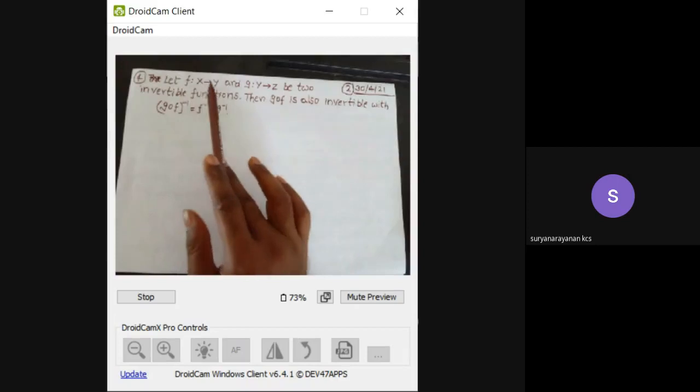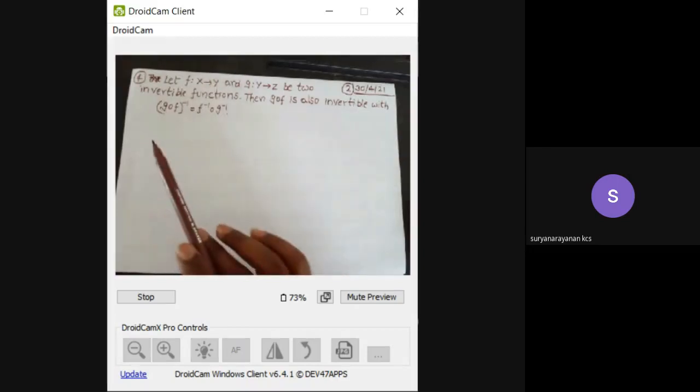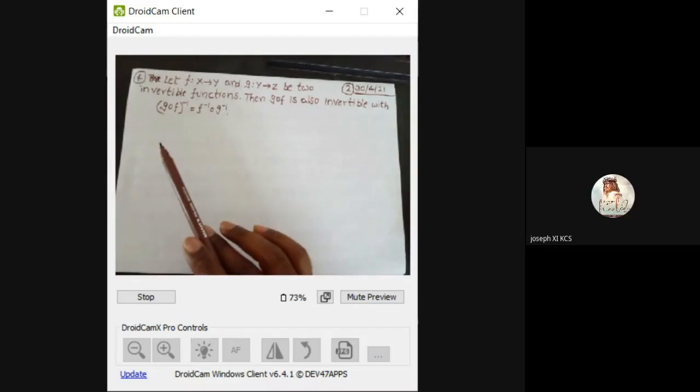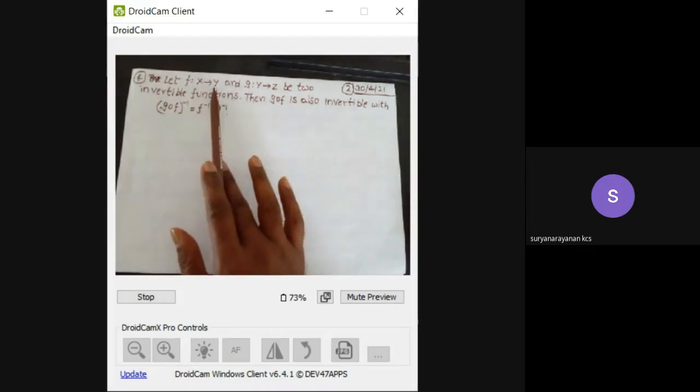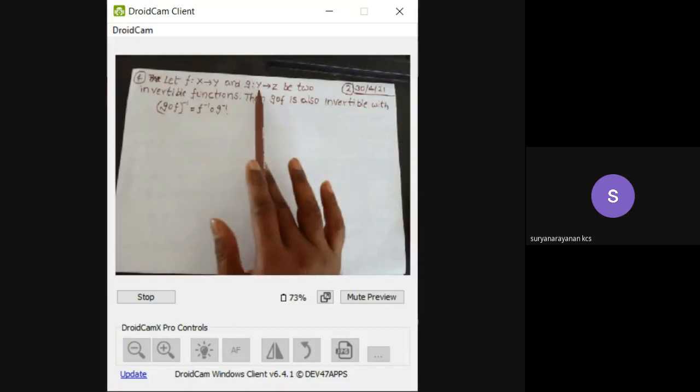F is an invertible function. Sir, it's bijective. Yes, f has an inverse. F is an invertible function means f has an inverse.